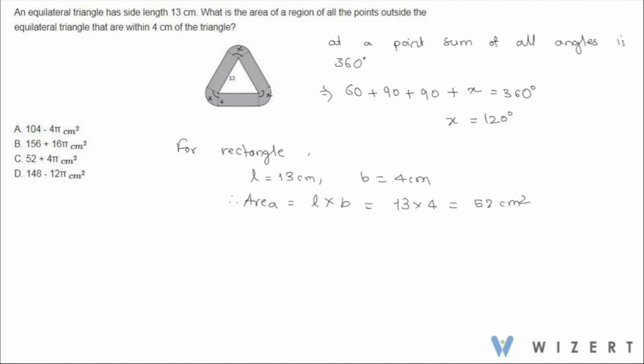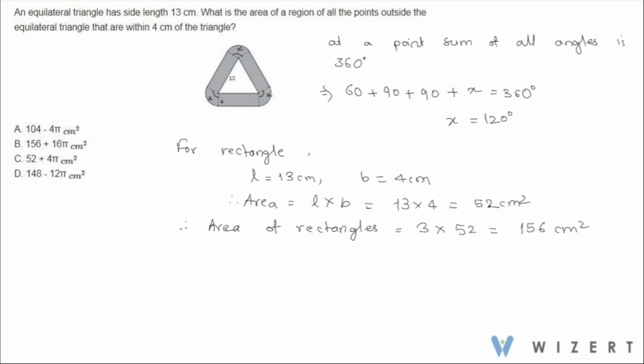Now there are 3 such rectangles, therefore area of rectangles equal to 3 into 52, which is equal to 156 centimeters square.